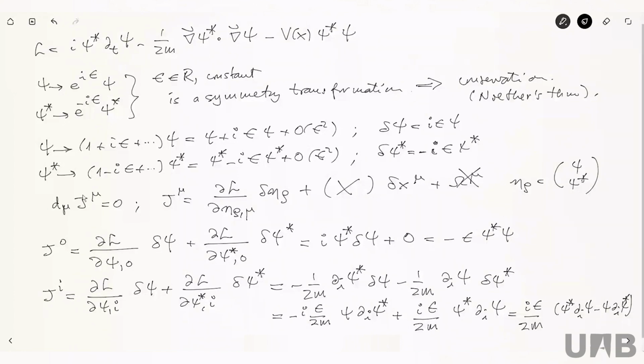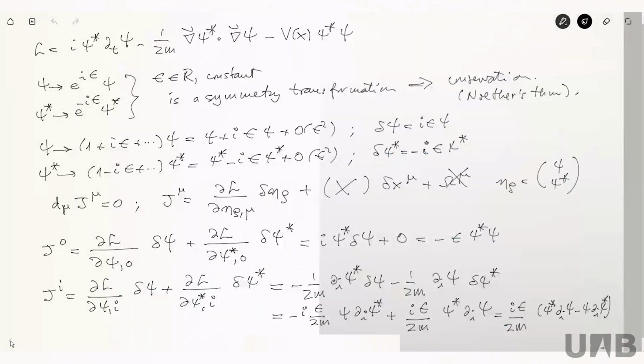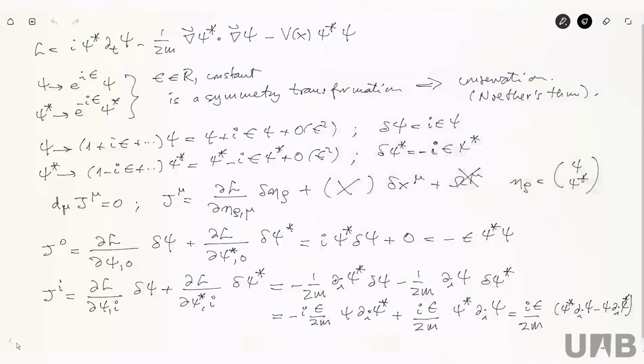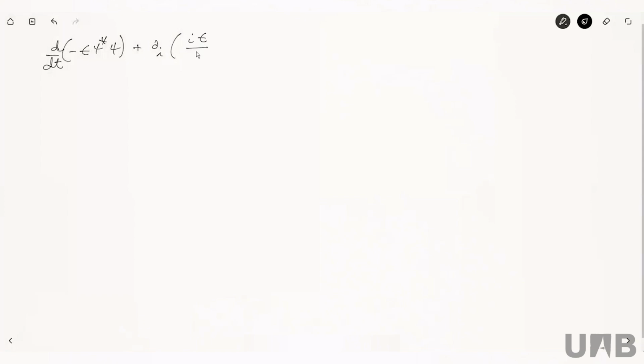Okay, so now we have to combine this. Just do the time derivative of J0 plus the spatial derivative of Ji. So what is the time derivative of J0? J0 is minus εψ*ψ. Now plus the spatial derivative, so plus the derivative with respect to i of this other thing, which is iε over 2m.